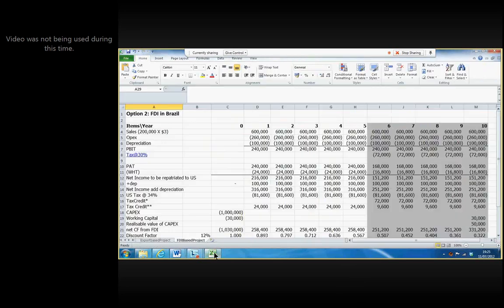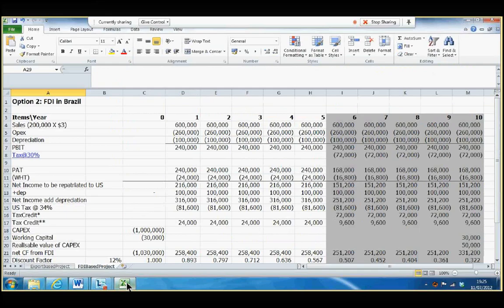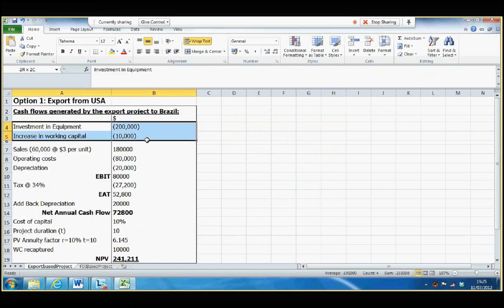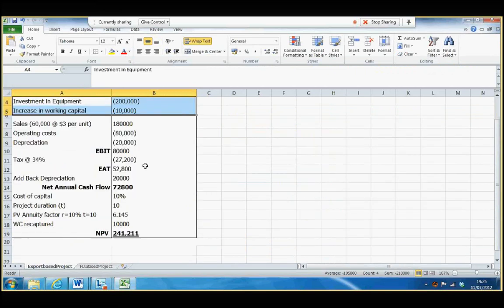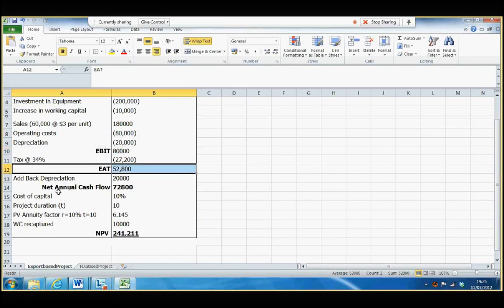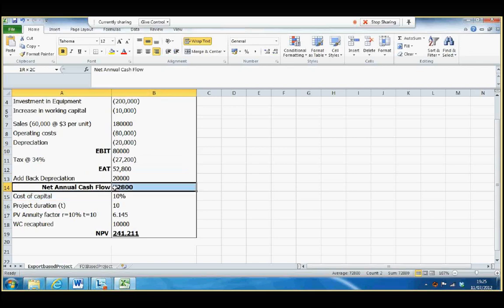So in the solution file for option 1, you will find out the capital outlay, which is 210,000 in total, which includes the equipment and working capital. You'll find out earning before interest and tax, after tax, earning after tax, and the net annual cash flow for the entire period of the project will be 72,800.